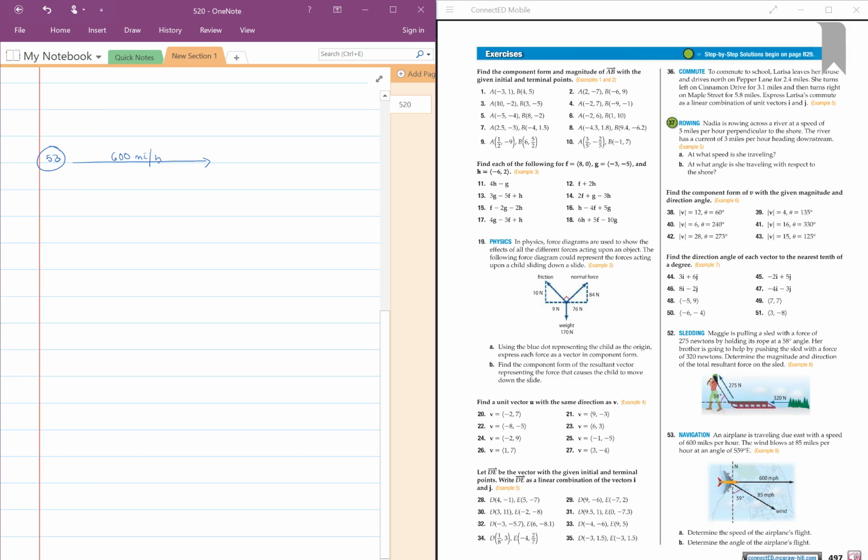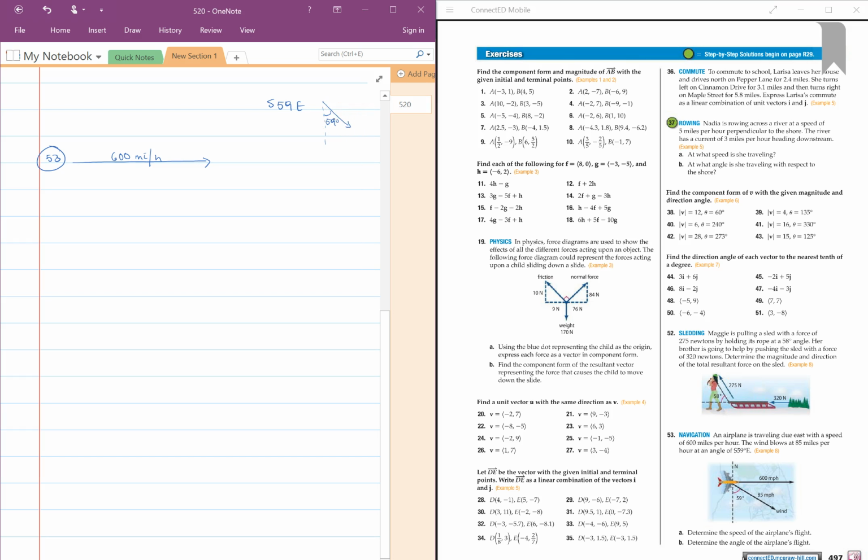The wind blows at 85 miles per hour at an angle. So the angle is S 59 east. Okay, that means it's 59 degrees east of south. So if this is your south line, then it's 59 degrees east, so that direction.